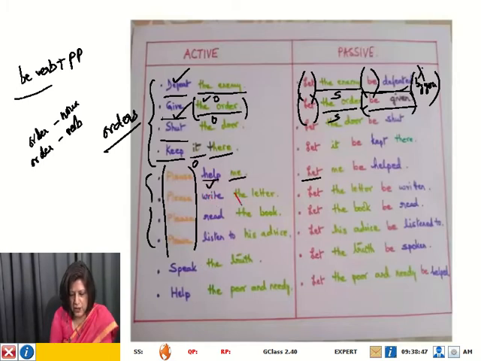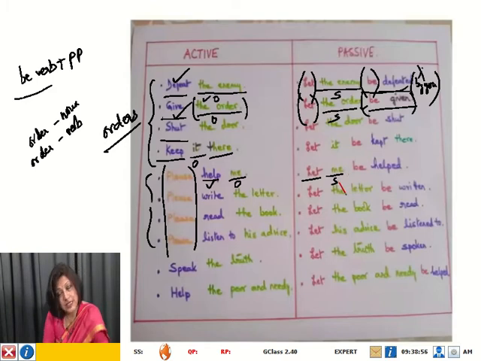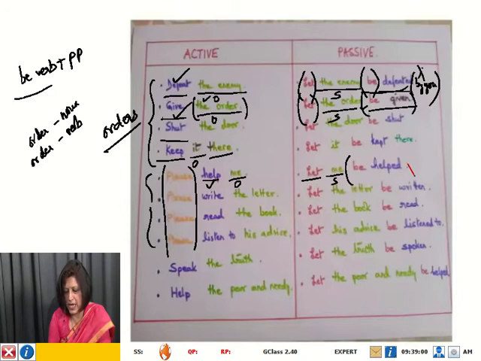So again, you have to identify the verb and the object. The object will be brought to the subject position. The object is me, so we shift the me to the subject position. Let me, then we need the be verb and past participle. After the subject, we place the be verb, and after that, we use the verb in past participle form. Okay, so let me be helped.